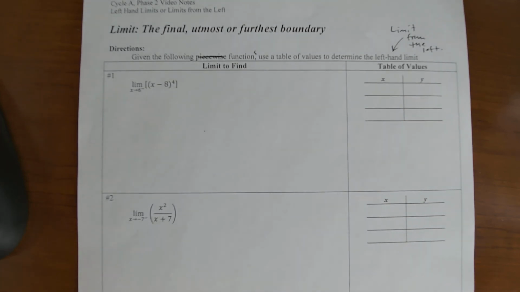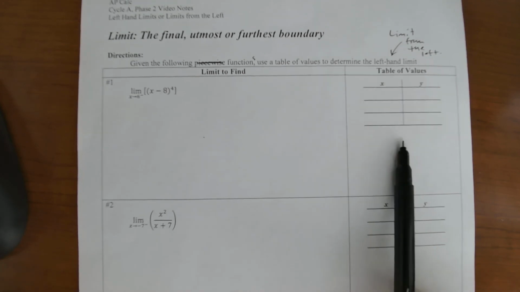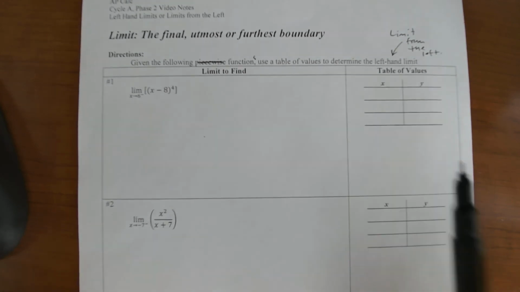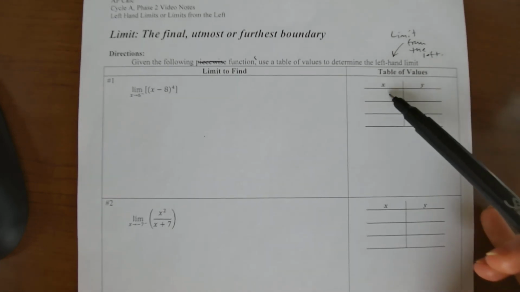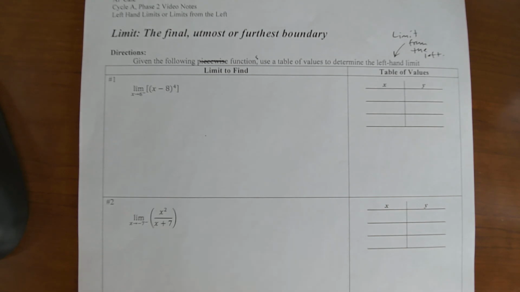Using a table of values, I'll explain how to do this as we go. What I want to do here is put some values in this table that are to the left of 6 and getting closer.